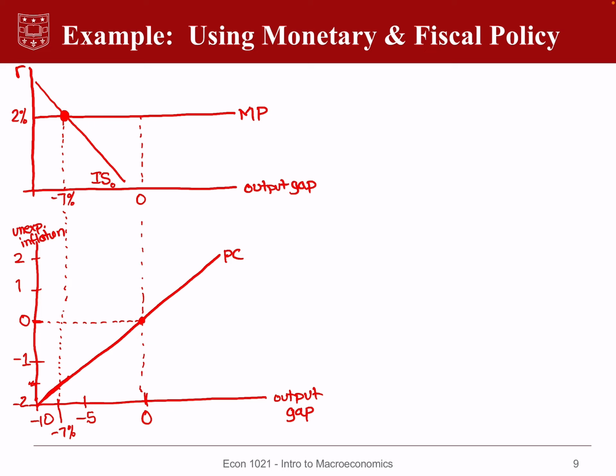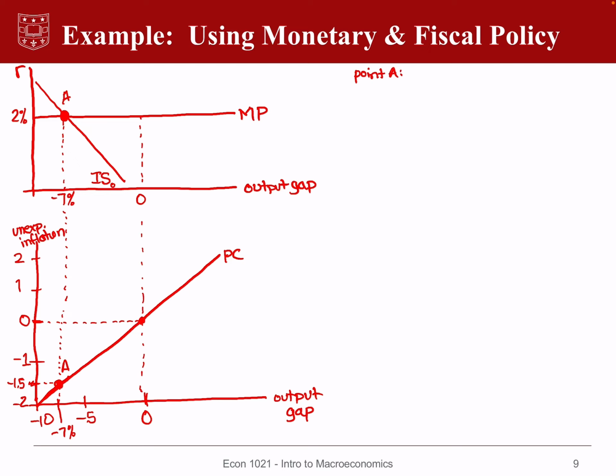So let's label this as point A. So at point A, what do we observe?